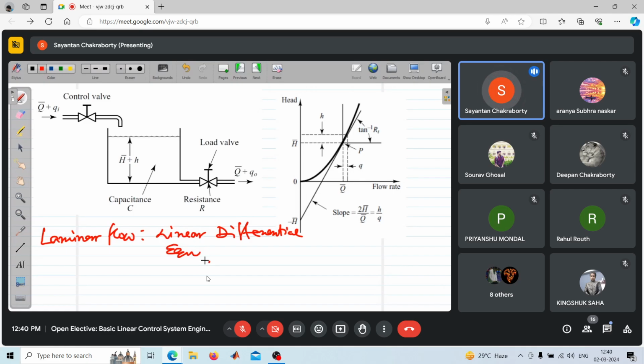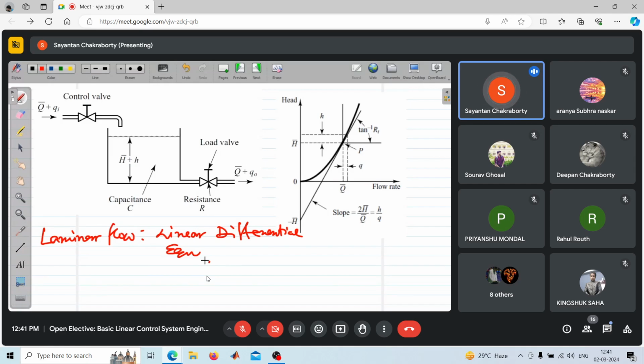But industrial processes very often involve flow of liquid through different connecting pipes and tanks, and in most cases this flow is turbulent and not laminar.